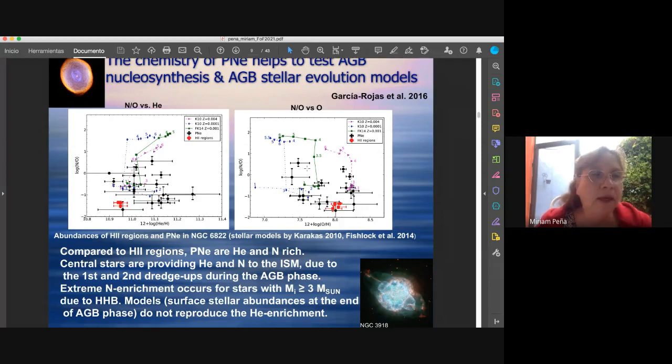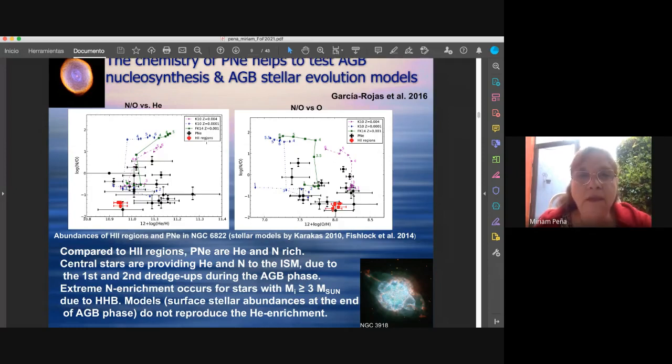And in another graph that I'm not showing here, we detected that these models do not predict either the nitrogen or the neon abundance in these objects.